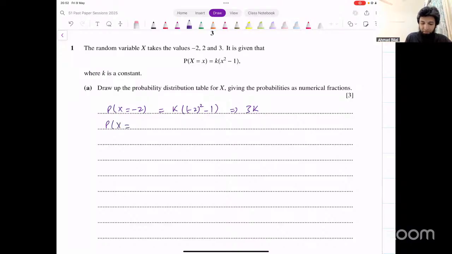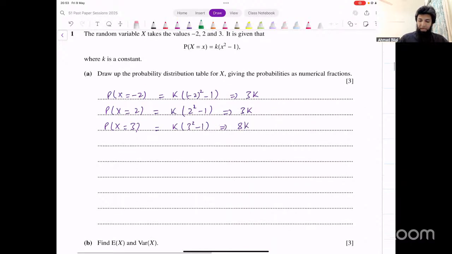Probability of X being equal to 2, what's that? That's k into 2 squared minus 1. That's also 3 times k. And then probability of X equals 3. That's k into 3 squared minus 1. That is 8 times k.